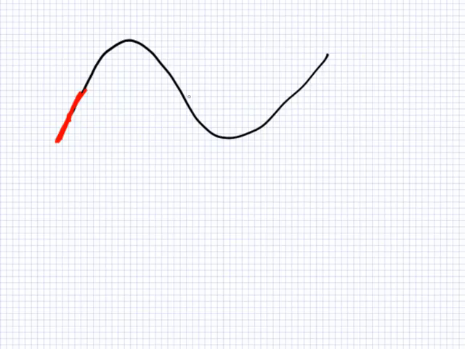Derivative, yeah. So the derivative here is positive. What about here? It's negative. But at the top, if I draw the tangent line, what's the derivative here? 0. And here? 0.